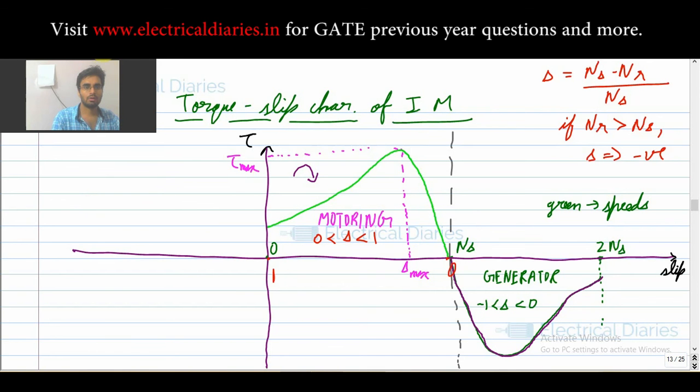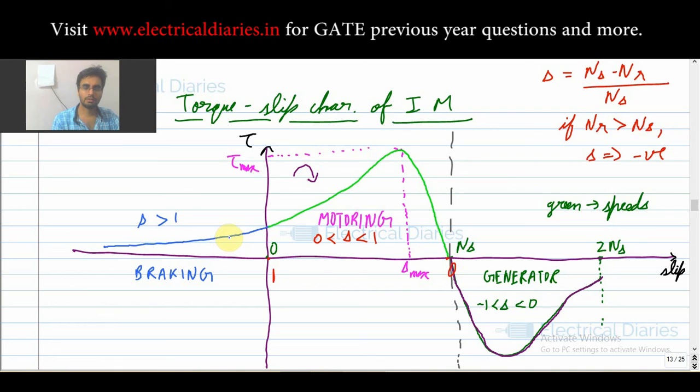So let me draw this region. Here you just have to remember that S is greater than 1, and this region is braking.